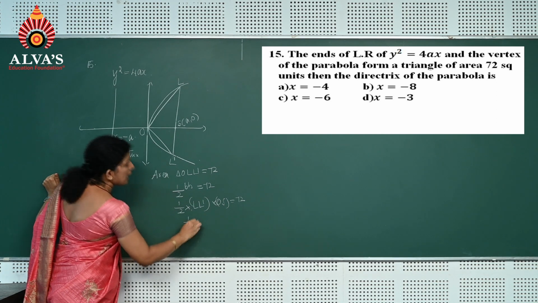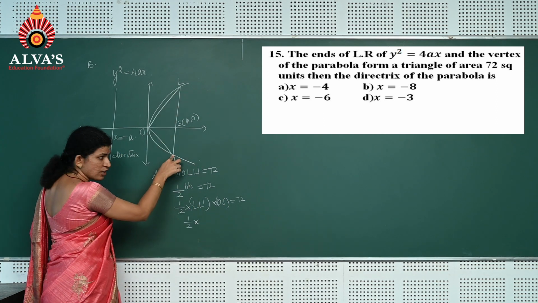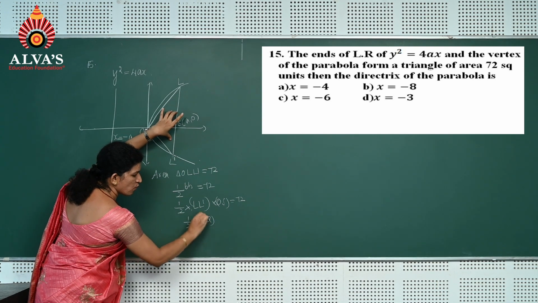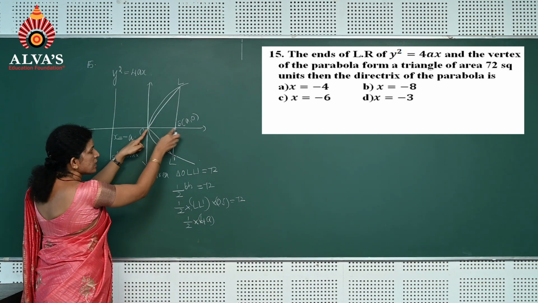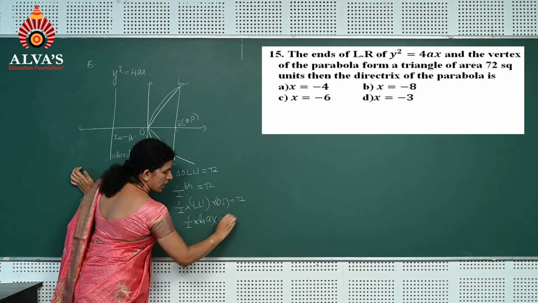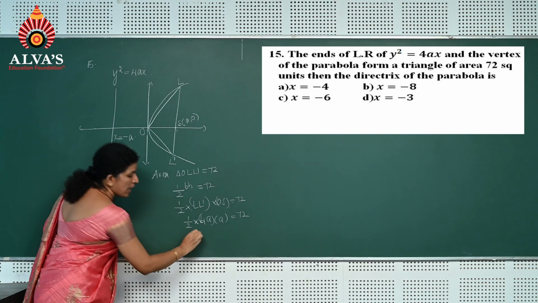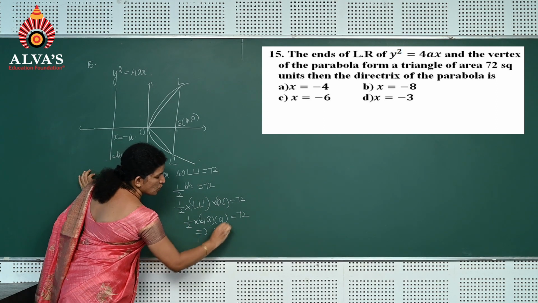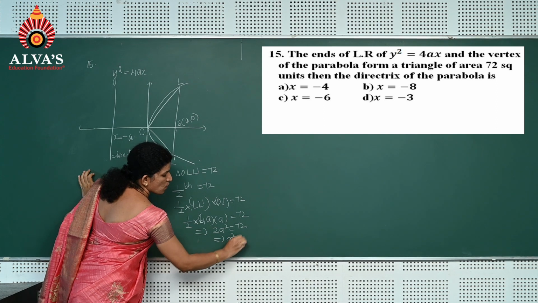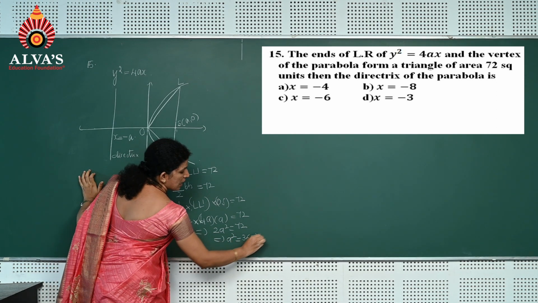Half into LL', which is the length of the latus rectum. We know the length of the latus rectum is 4a. OS means the distance from the origin to this S, which is a. That is equal to 72. Simplify this: 2a square equal to 72, so a square equal to 36.